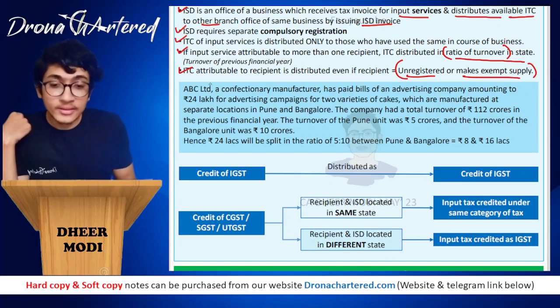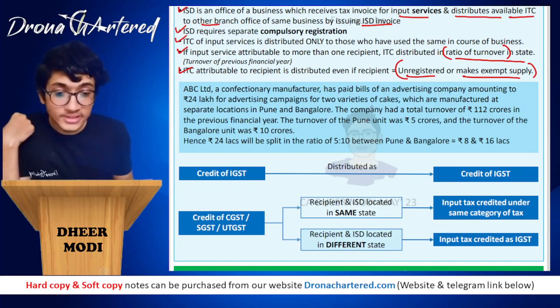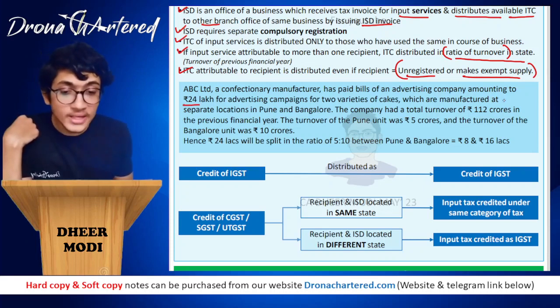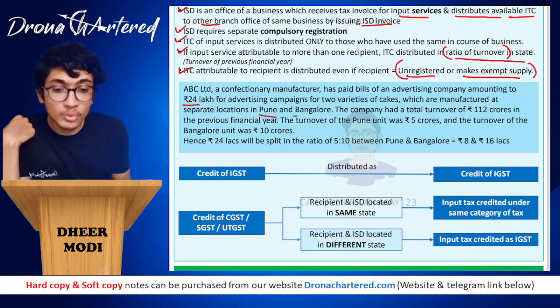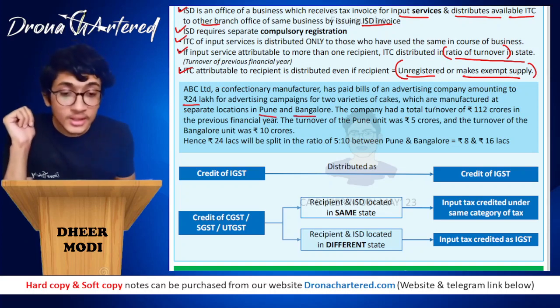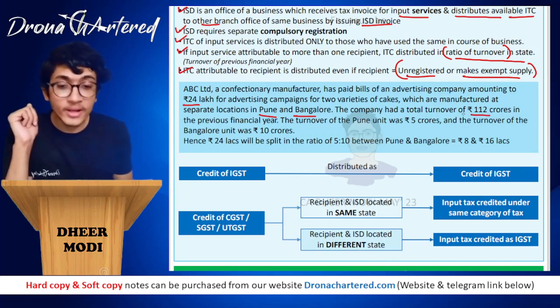So this is an example. ABC Limited, a manufacturer, has paid bills of an advertising company amounting to 24 lakhs for two varieties of cakes which are manufactured at locations Pune and Bangalore. Now, if you notice, these are in different states. The company had a total turnover of 112 crores. The turnover of Pune was 5 crores and the turnover of Bangalore was 10 crores.